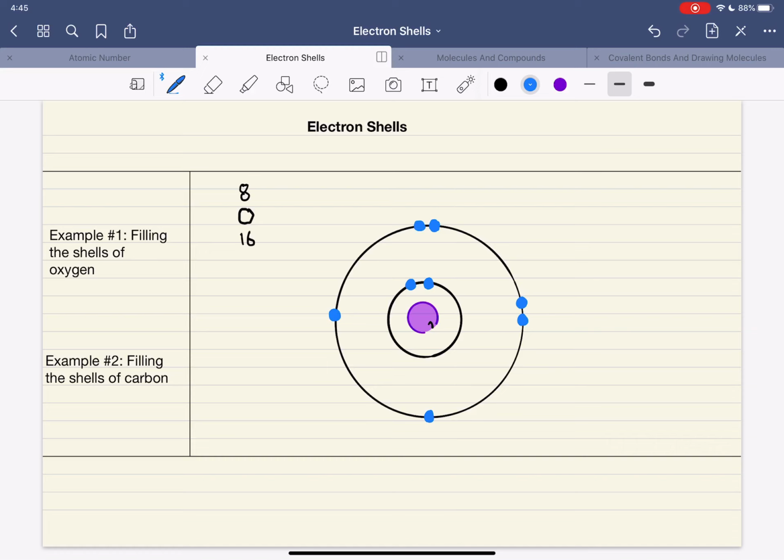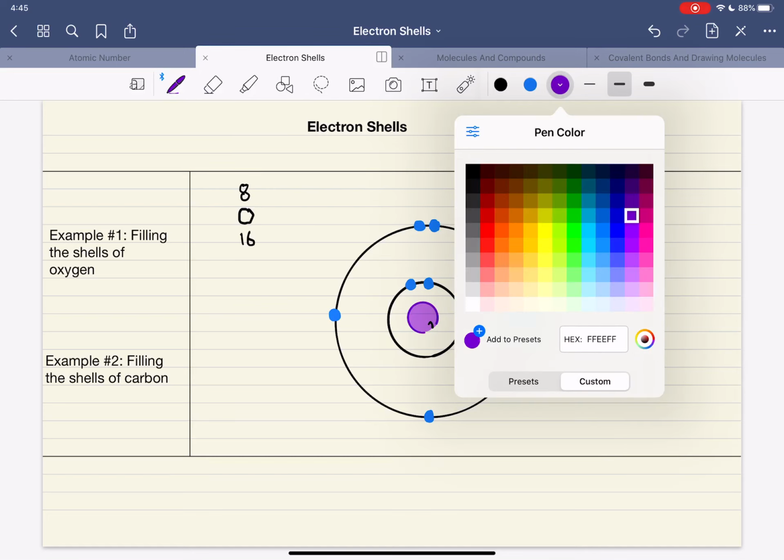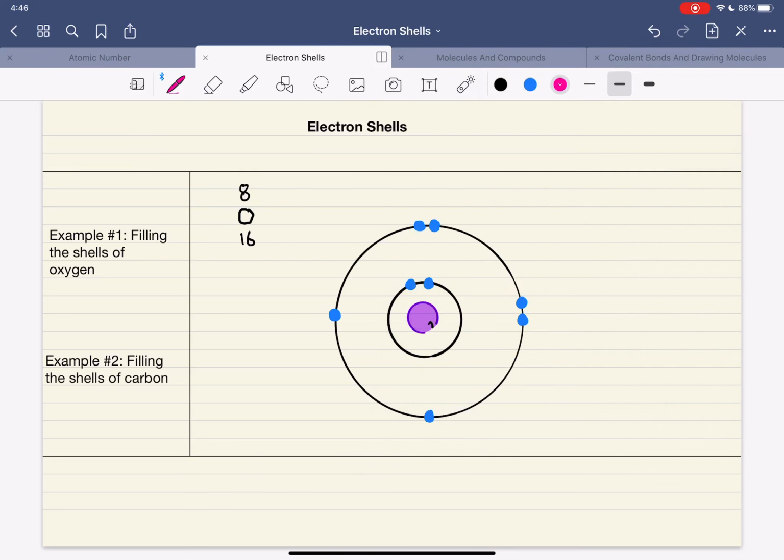Oxygen really wants 8 electrons in that shell. It's not happy with 6. It wants 2 more. So let me show you what I'm talking about. Let's change the color here. It has 2 empty spots. It could put 1 more right there at that X and 1 more right there. So it really wants to fill those 2 X's with electrons.